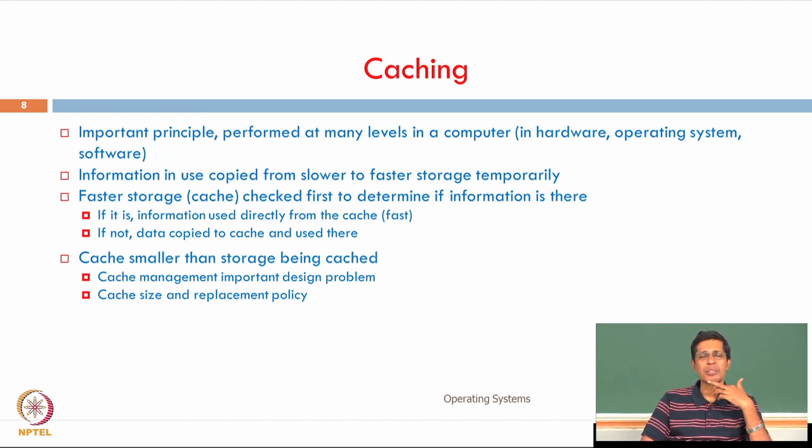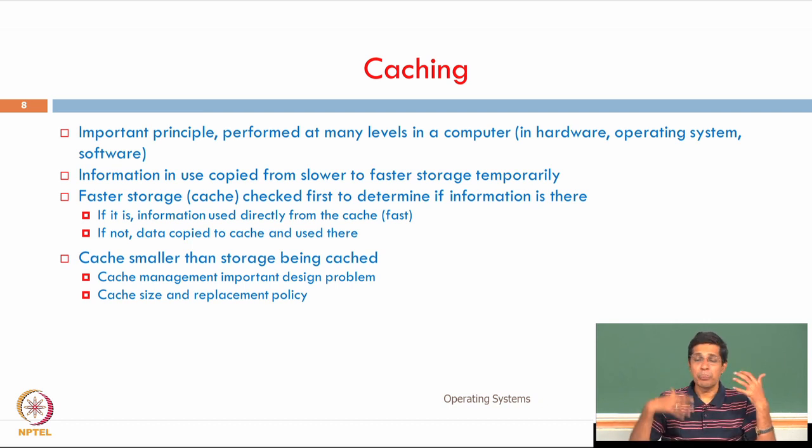Another locality of reference is called temporal locality, which talks about this: if I access data at time t, the probability that I will be accessing the data at time t plus delta t is very high. For example, I initialize a variable before I use it. So initialization is one access to the variable, and immediately after that I start using that variable, I write into the variable or read from that variable. So this is an example.